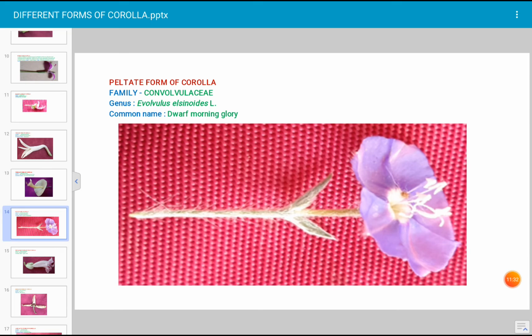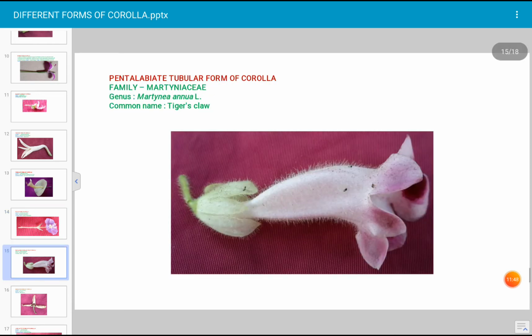The family of this plant is Convolvulaceae. One thing I have to mention here, that there is no book in which the peltate form of corolla is described. Okay.